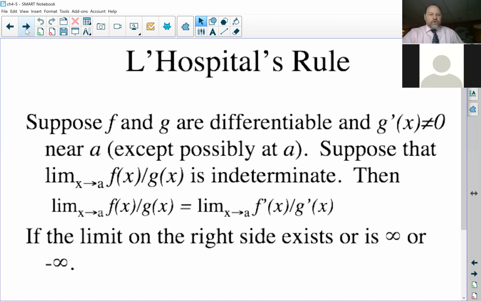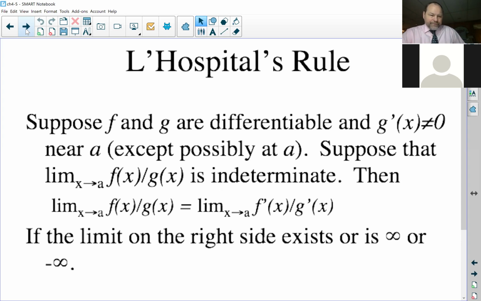All right, so here's L'Hopital's rule. Suppose f and g are differentiable. We can take their derivatives. And g prime is not 0 at this value a that we're approaching. Then suppose that the limit as x approaches a of f of x over g of x is indeterminate.